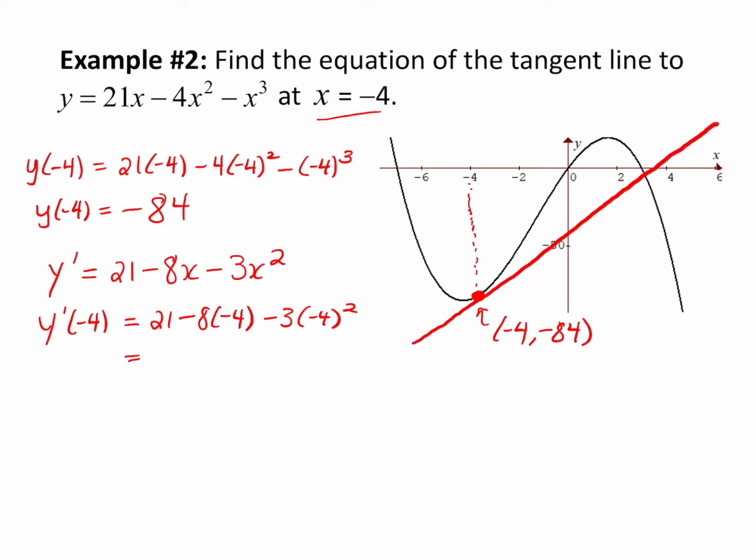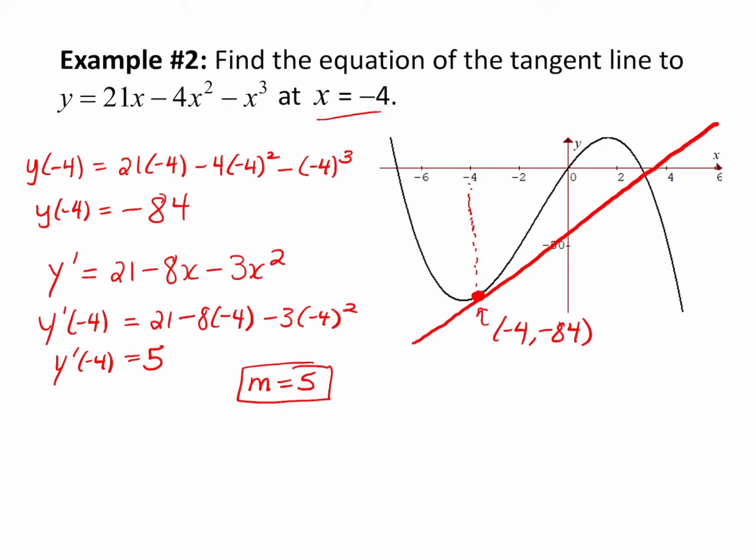So now if we calculate this out, we should expect a positive number because we can see that the line is sloping upwards. And in fact, we get that y prime at -4 is equal to 5. So that tells us that the slope of the tangent line is 5.